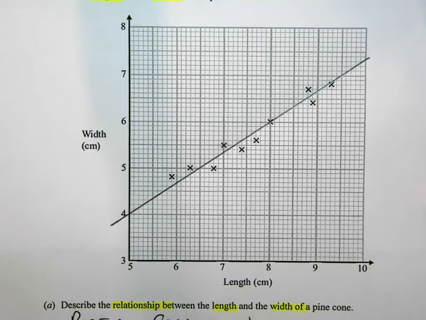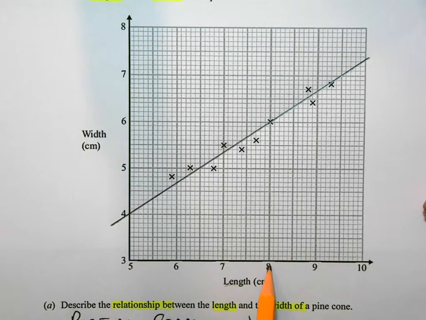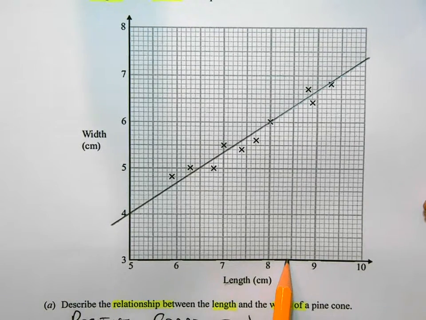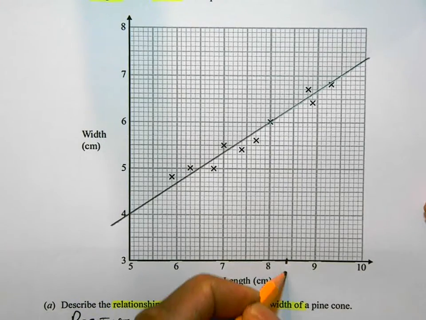So back to the scatter graph, I need to find 8.4 length. So there's 8, there's 9. Now there are 10 tiny squares between 8 and 9, so 8.4 is going to be there.